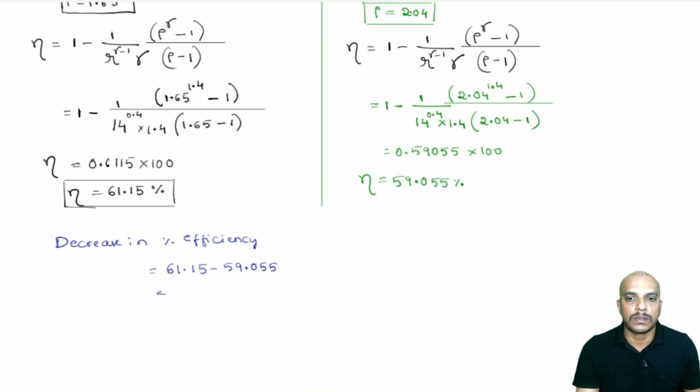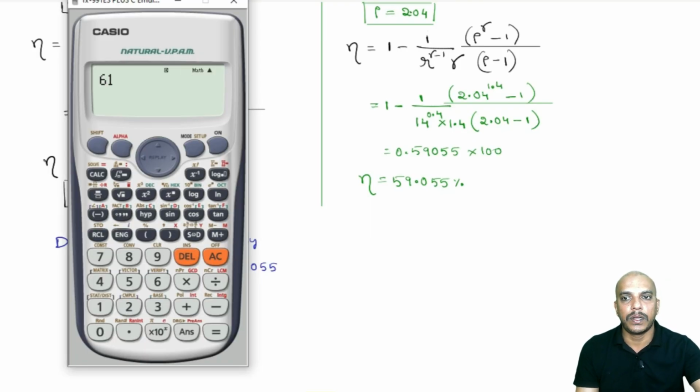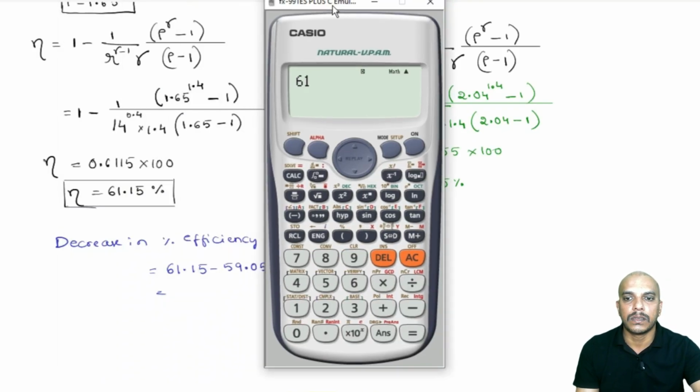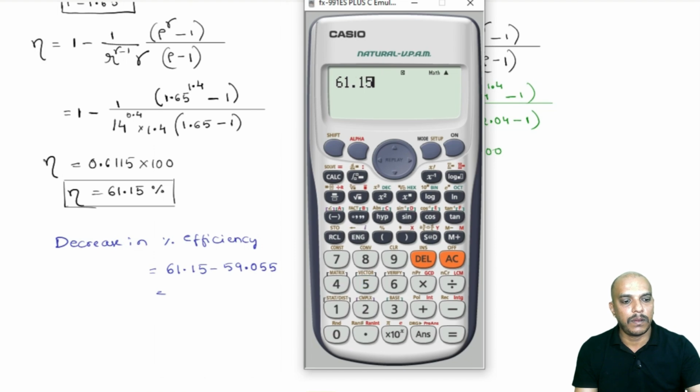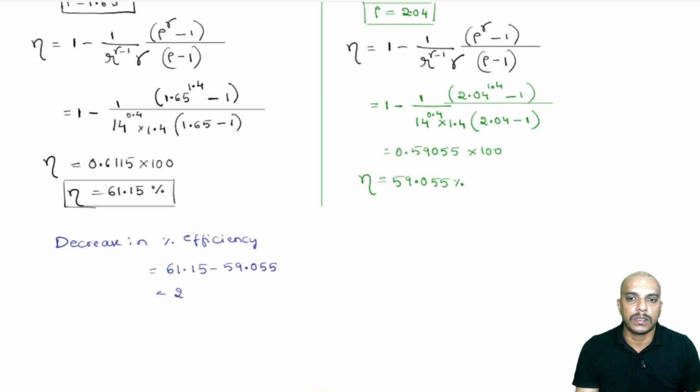So 61.15 minus 59.055, that is 2.095 percentage decrease in efficiency.